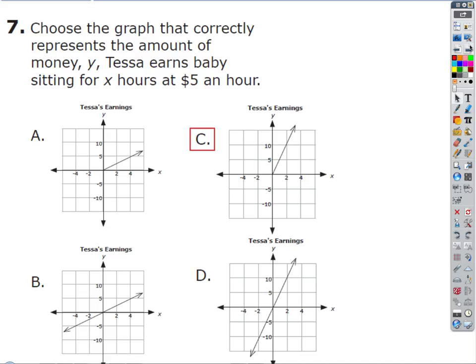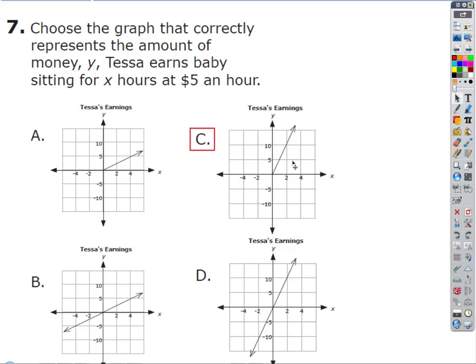How about this? Choose the graph that correctly represents the amount of money Y that Tessa earns babysitting for X hours at $5 per hour. So that's the rate, isn't it? For every hour, the amount of money she earns is going to increase by 5. So it's got to have a slope of 5. Well, both C and D have a slope of 5.